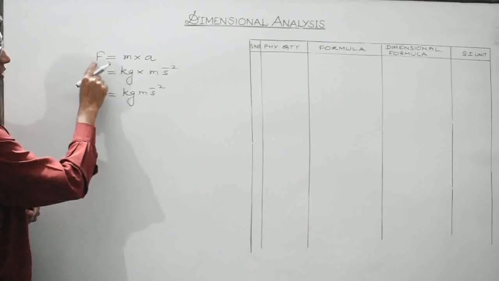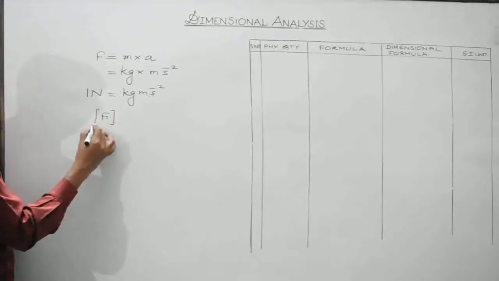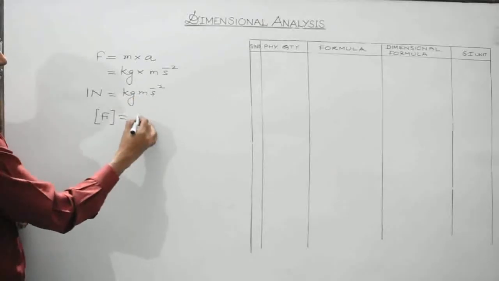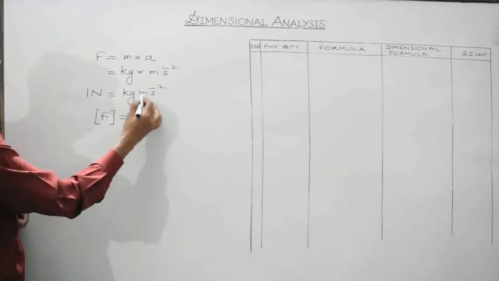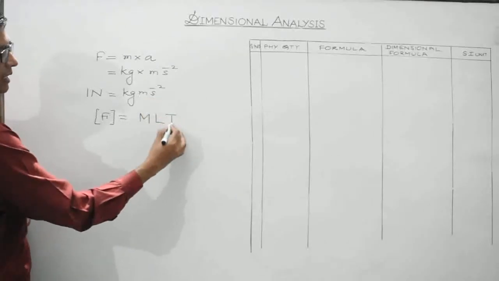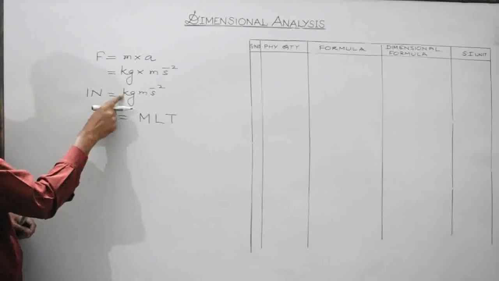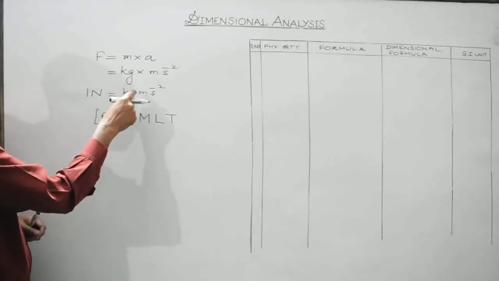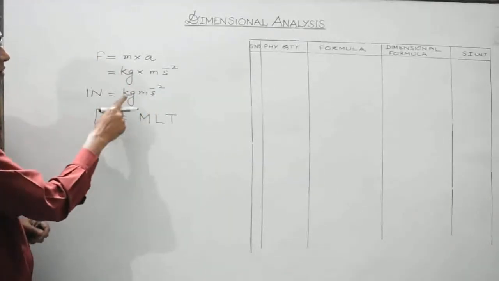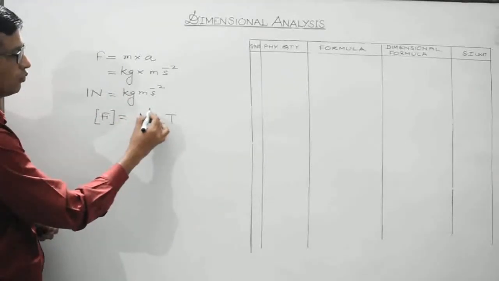the dimension formula for force will be written in this particular manner. Kg represents mass, meter represents length, second represents time. Now, force is dependent on mass as kg to the power 1. So, the dimension of force with respect to mass is 1.